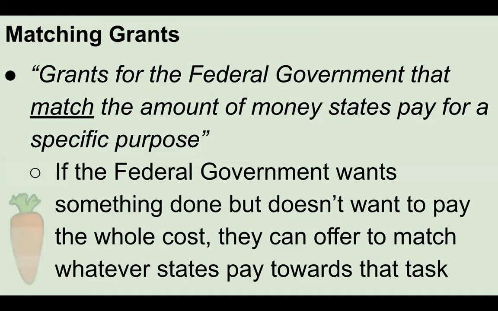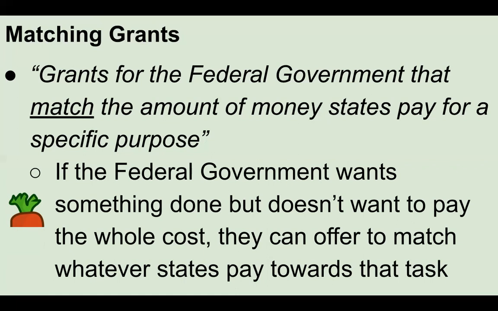So matching grants are a carrot, but it's like a quarter of a carrot, because if you don't do the thing the federal government says, you get no money. And if you do it, the federal government will only pay half.